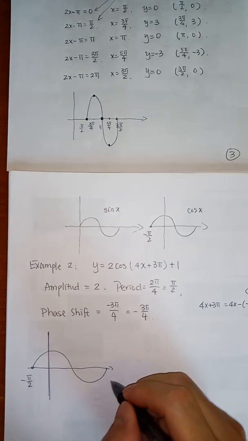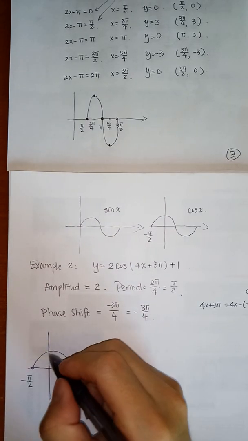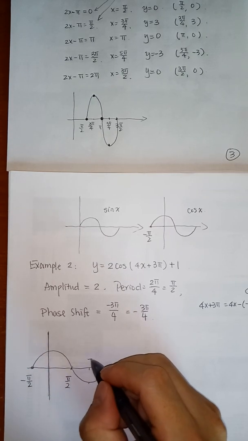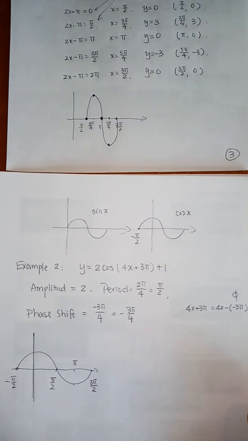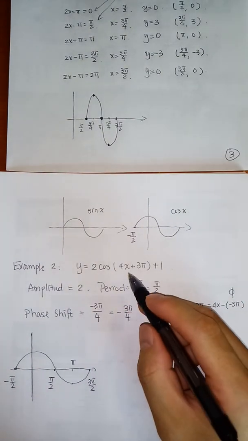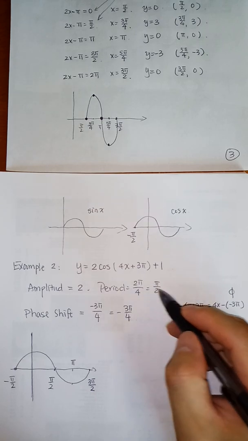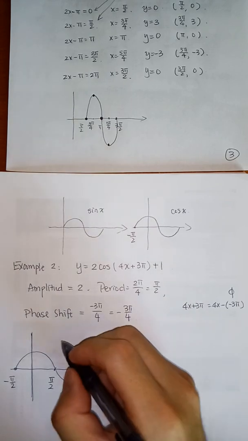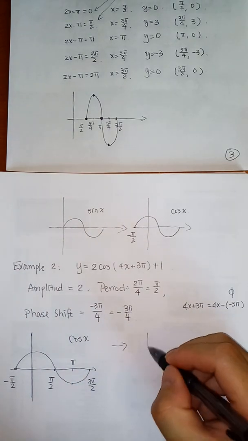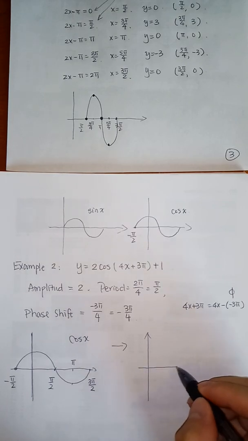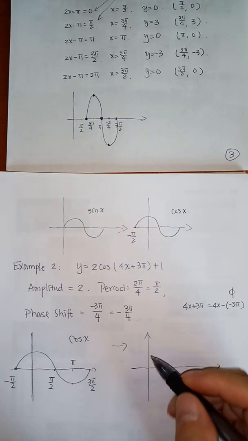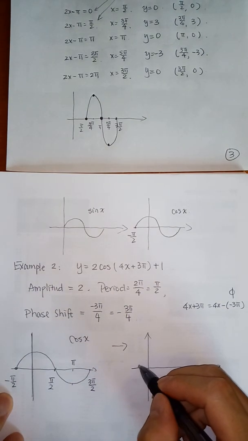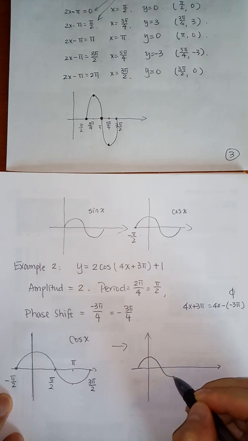My sketch is so bad. Okay, this is pi over 2. This is pi. So first, the period is 2 pi divided by 4. So you will do the following: you divide all the numbers by 4, and you will sketch the same graph.